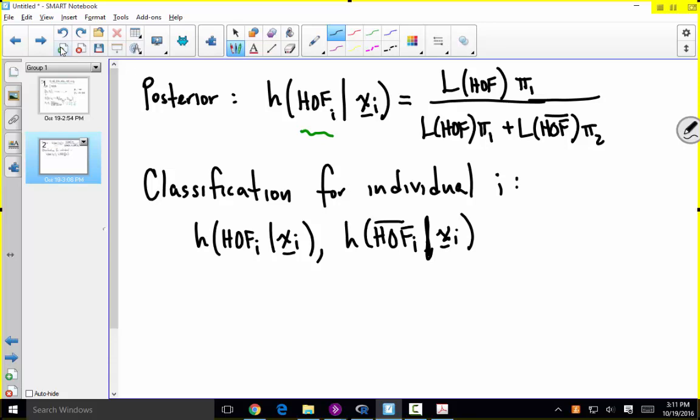So suppose we have these two numbers, and LDA and QDA will give us these two numbers in its output. Then one sensible thing to do would be to classify to which class has the biggest posterior probability. In a two-class problem, like this one, that's the same thing as just classifying to whichever of these two is bigger than 0.5.